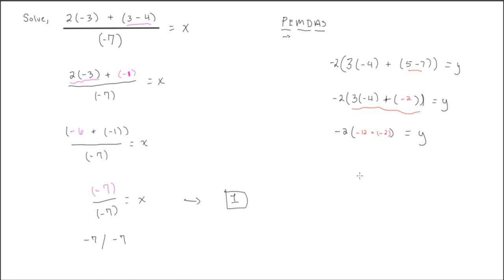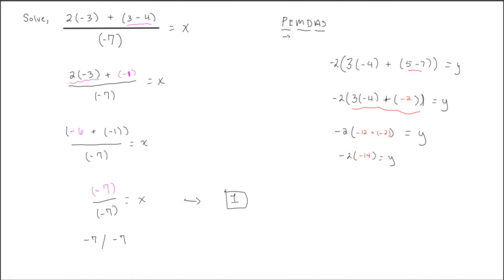And if we simplify that even further, we have -2 times 12 plus 2 more negatives, so that's going to get us a -14. Okay, and all of that is equal to y.